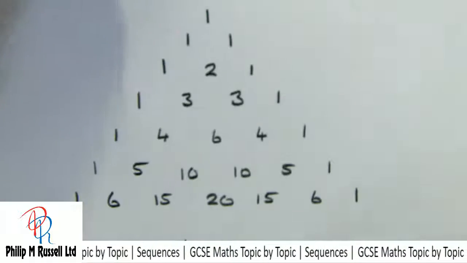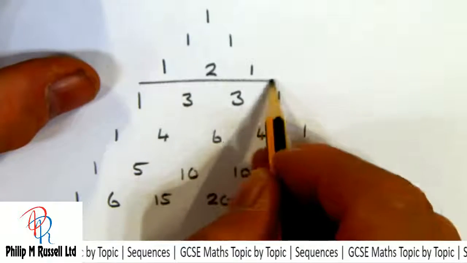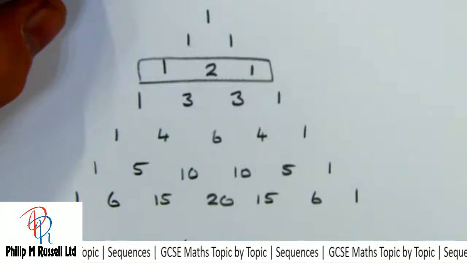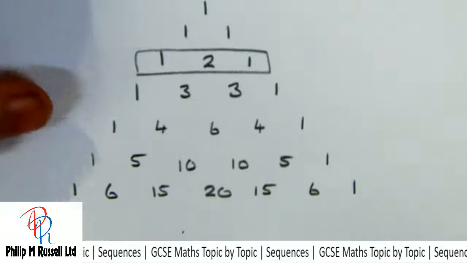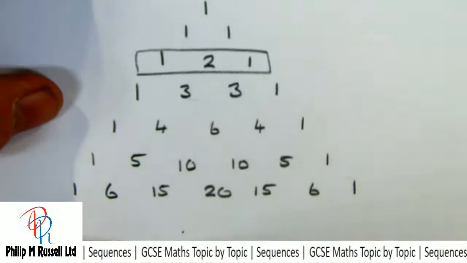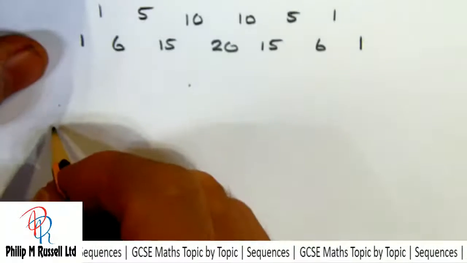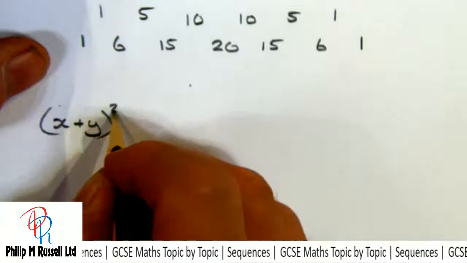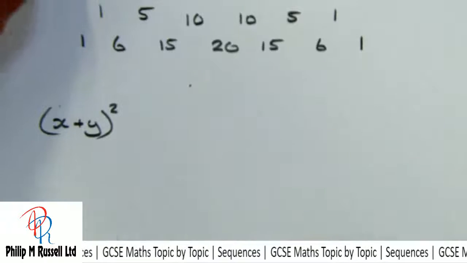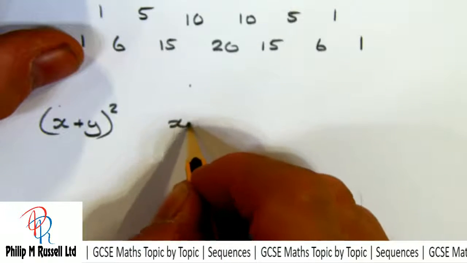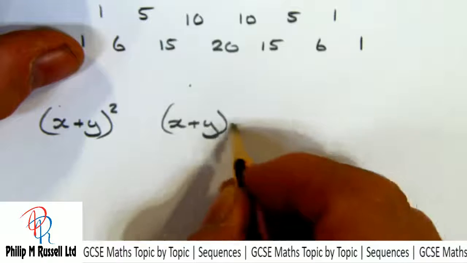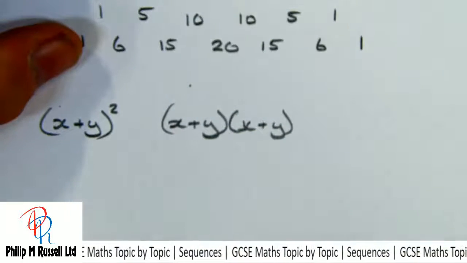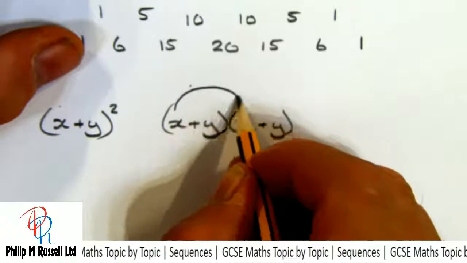What does it mean? Well, let's take this sequence and have a look at something. I'm going to take a little equation and do x plus y all squared. Now what does that mean? That means, of course, it's going to be x plus y times x plus y. Let's multiply these together.